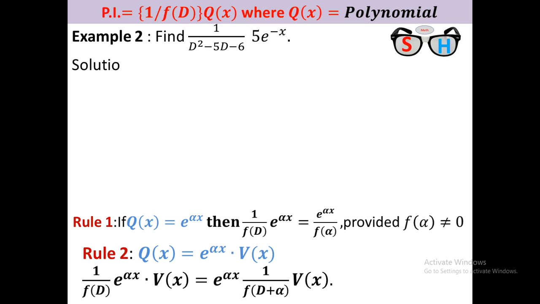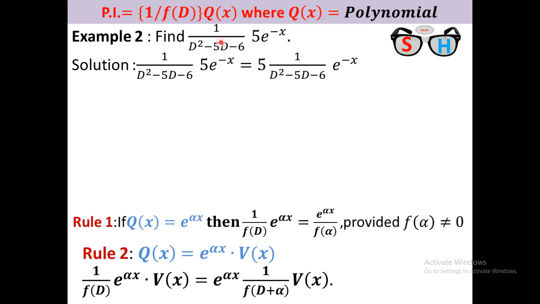The particular integral will be that we take just 5 in the left hand side of the operator and this. Now please remember why this problem is not solved by rule 1: because the denominator was 0 after putting -1 in the place of D. Since this is 0, if you put D equal to -1, the denominator is 0.